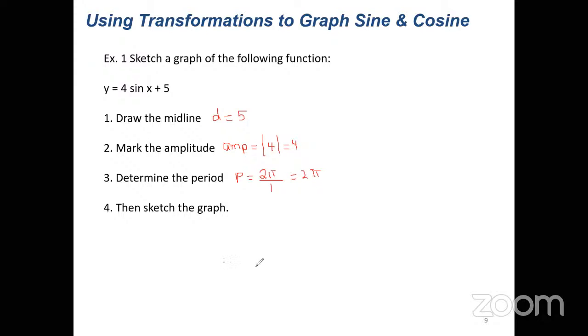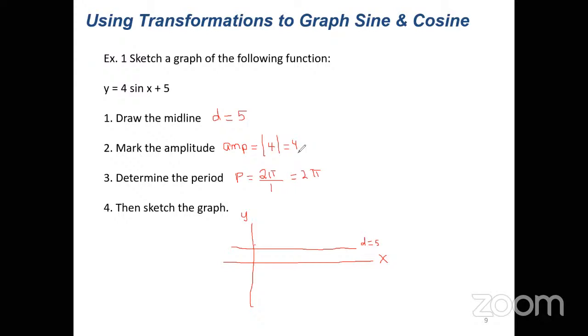So here is the graph, and I'm trying my best to be nice and neat. This is the x-axis. This is the y-axis. The new midline is 5. So we have D is equal to 5.